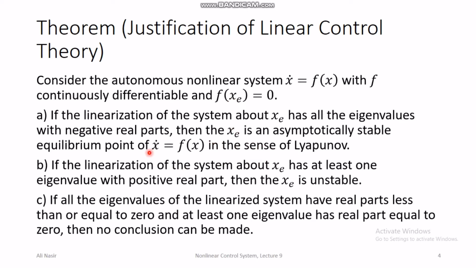That would be a local result for the original nonlinear equilibrium point. Similarly, if there is at least one eigenvalue with positive real part, then the equilibrium point would be unstable. And if there are eigenvalues on the closed left half plane, then we can have no conclusion about the equilibrium point of the nonlinear system.